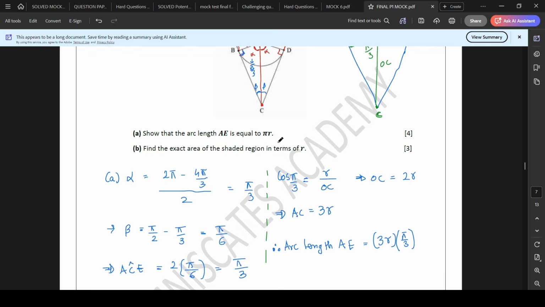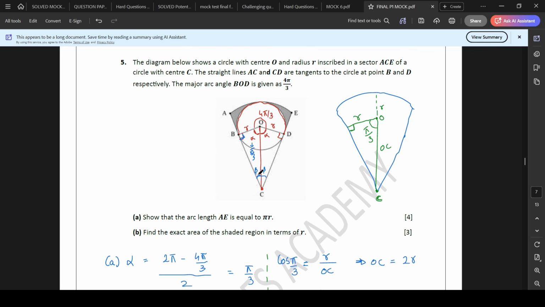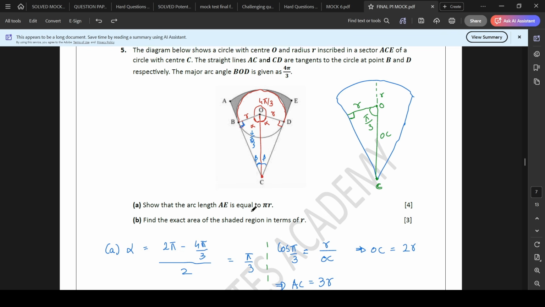So 3 and 3 get out, and I'm getting pi r, which is exactly what I wanted. So this is the conclusion for the first part. The main trick over here was to understand that for the arc length of AE, we require the radius for that circle and this angle. And then we just used the information of this angle and eventually found out the angle over here and the radius of the larger circle, and then we multiplied them and we got this answer.